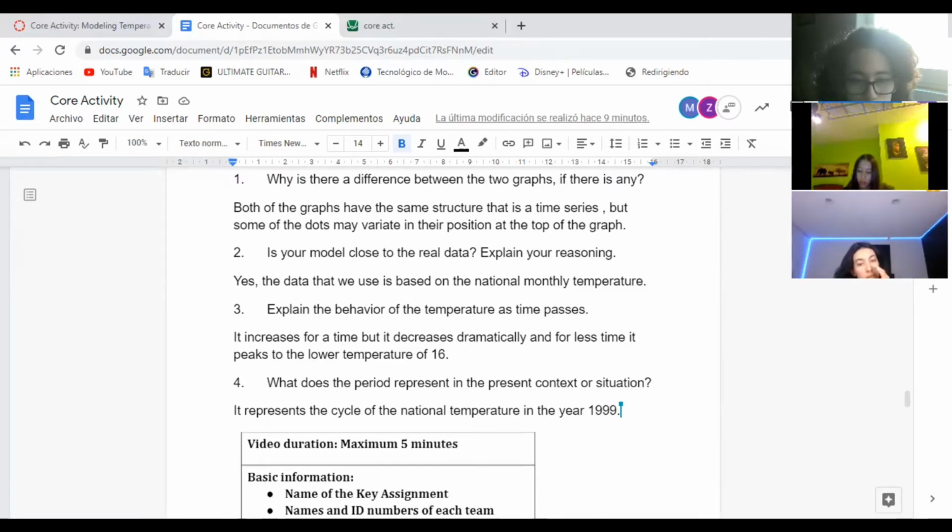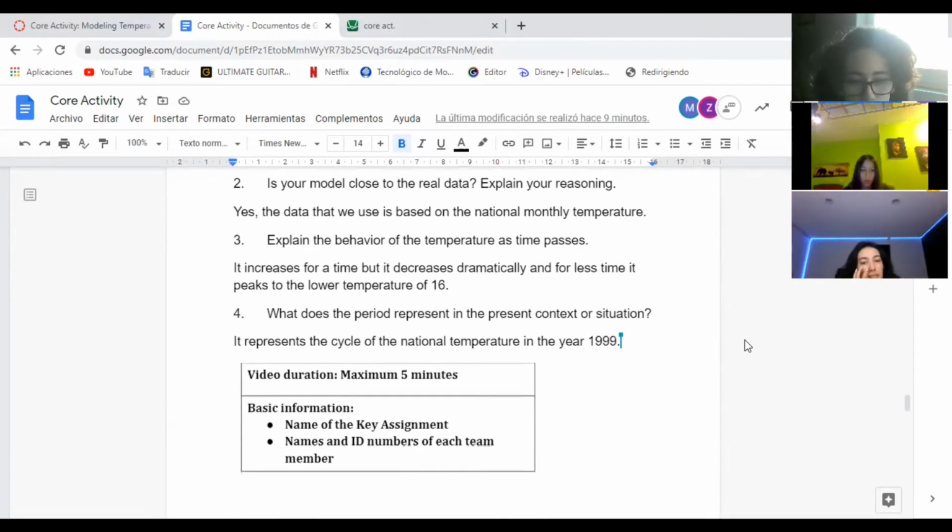The behavior of the temperature as time passes is that it increases for a time, but it decreases dramatically, and for less time it peaks to the lower temperature of 16 degrees, and the period represents the cycle of the national temperature in the year 1999. Well, so that was our core activity.